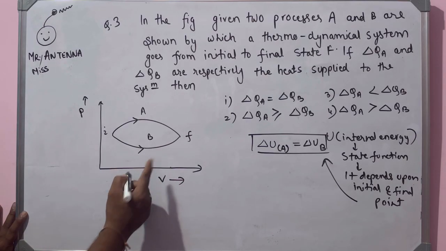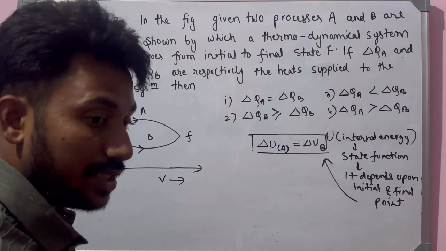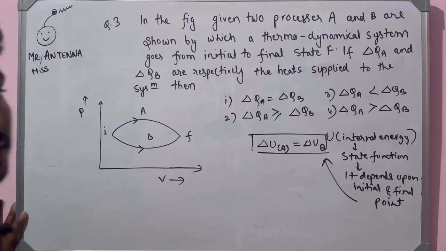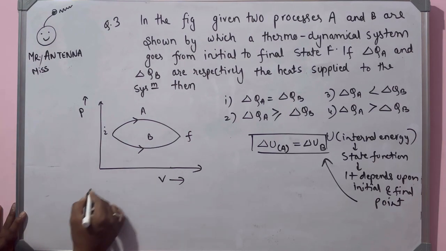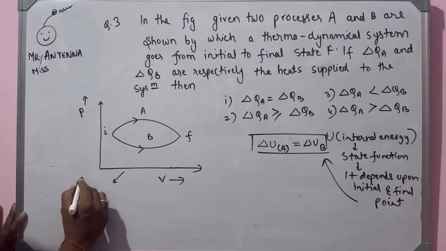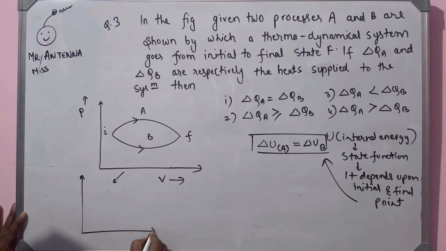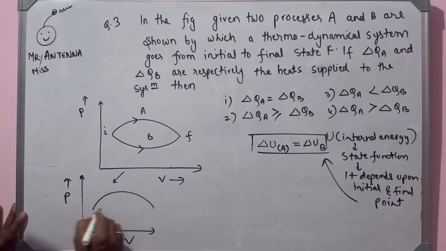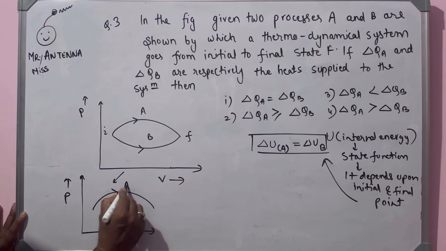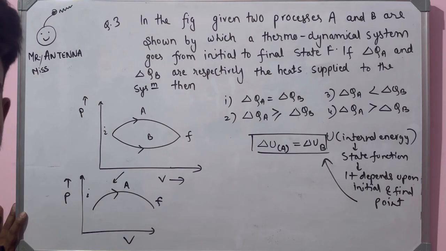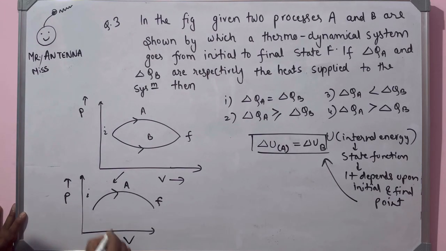Okay, what else? If I want to check the heat, I should know about work done so that I can apply the first law of thermodynamics. ठीक है. So let's break this graph into two parts. Pressure versus volume, initial to final. If I go along process A and talk about work done, I have to find this area.